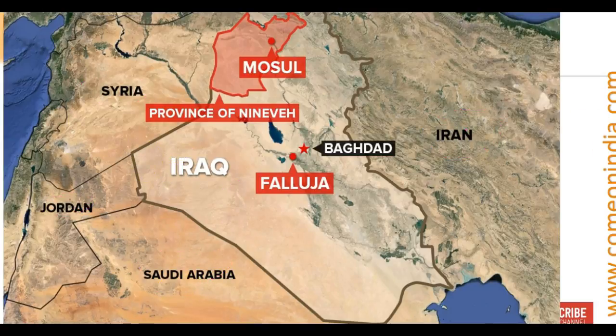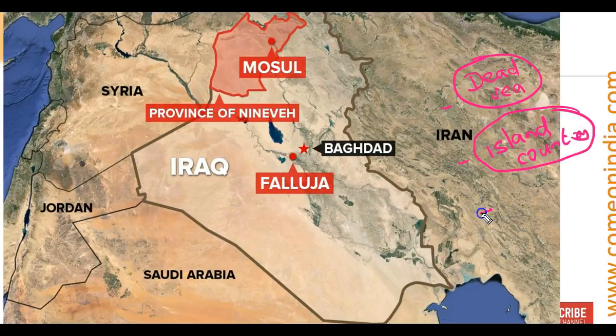Before discussing ISIS and before reading anything about West Asia, keep your map with you and always locate the countries. West Asia is a very important area from the geography map point of view, especially the location of Dead Sea. Also, what all the island countries are there in the Persian Gulf, and whether Iraq has access to Persian Gulf or not.